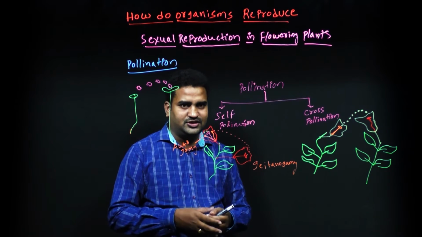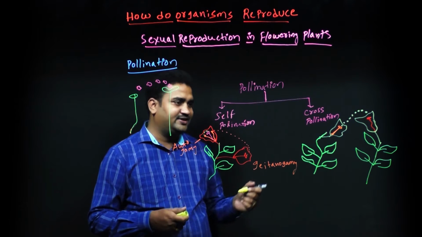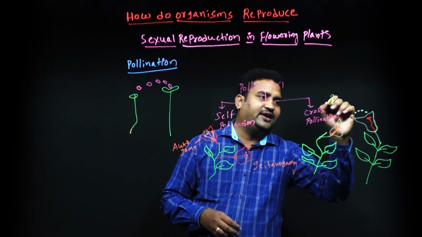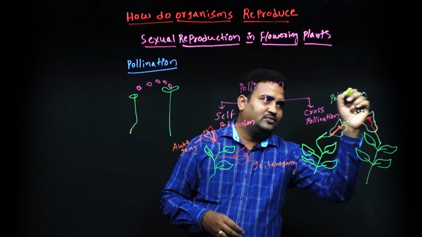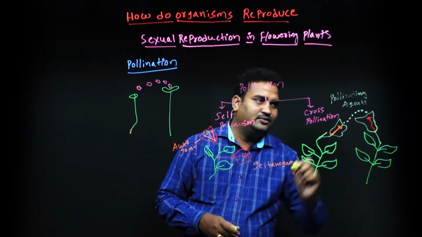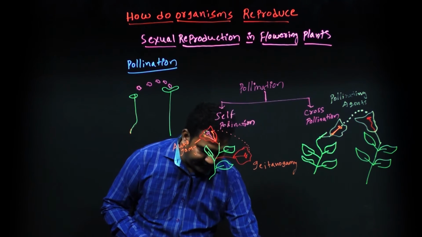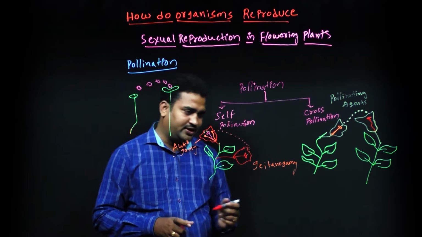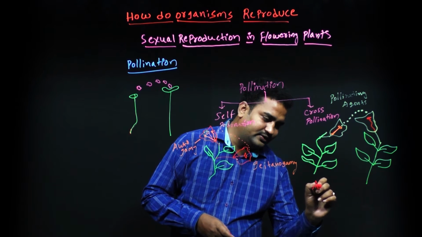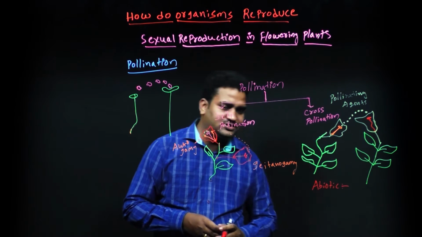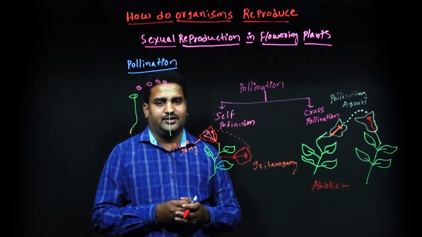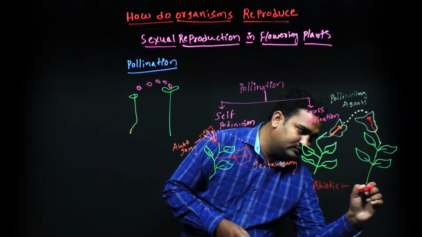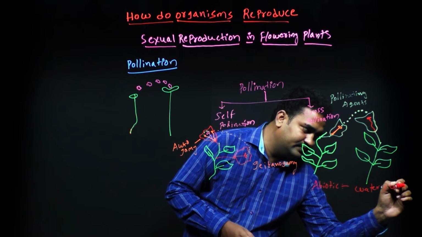For cross-pollination to occur, we need pollinating agents. Generally these pollinating agents are two kinds. One is abiotic. Abiotic in the sense non-living. So non-living pollinating agents are water and wind.